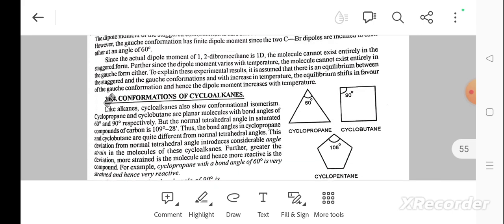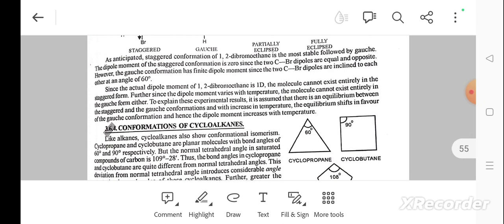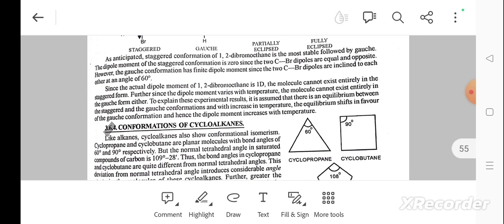As in n-butane, the anti conformation of 1,2-dibromoethane is the most stable, followed by gauche, and the dipole moment of the anti conformation is zero. Hence, the two carbon-bromine dipoles are equal and opposite.